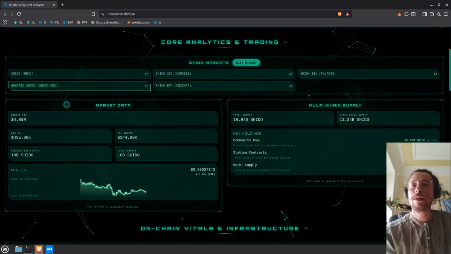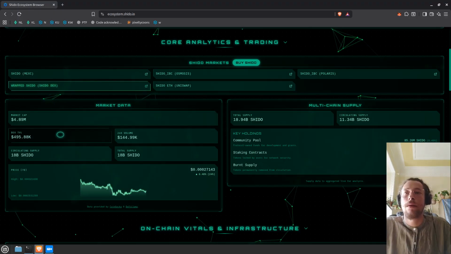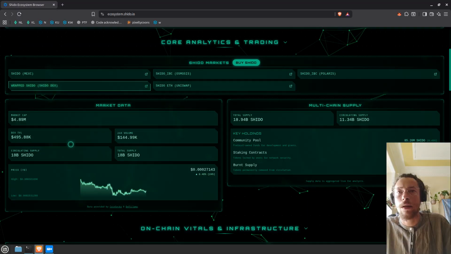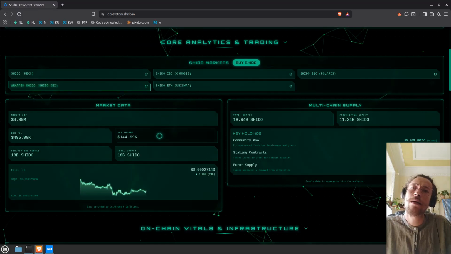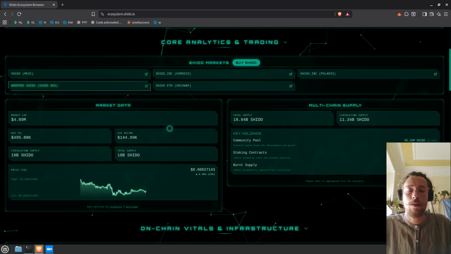Then you have the market data, which is related to mainnet. The DEX current TVL by the liquidity pools, if not mistaken. The volume, quite an interesting volume for 24 hours.